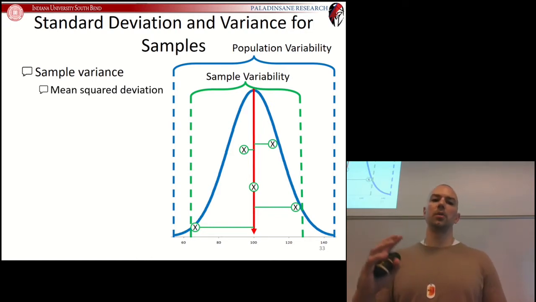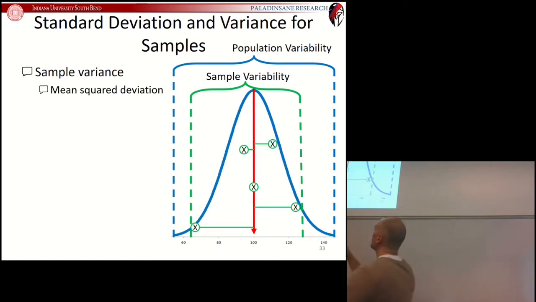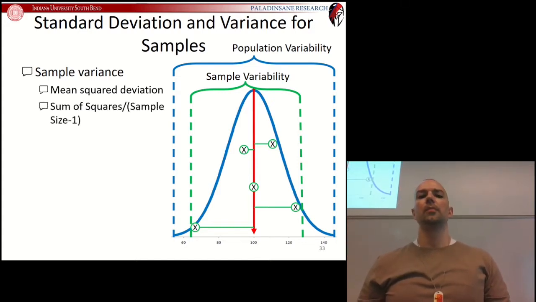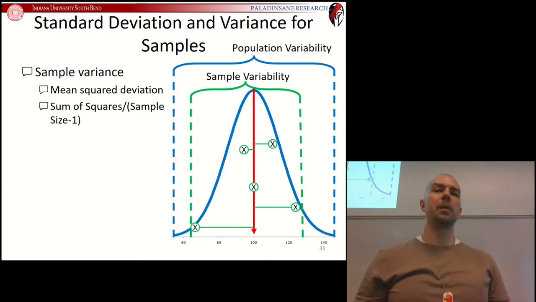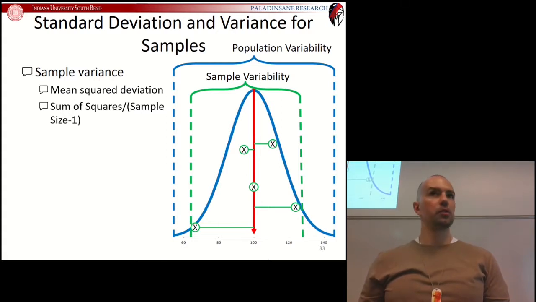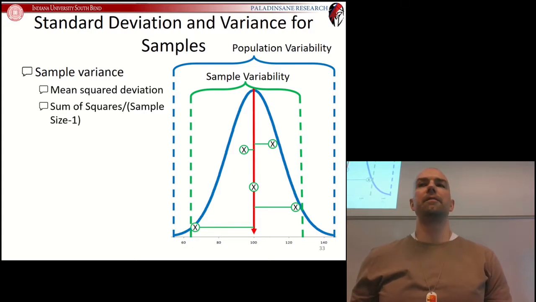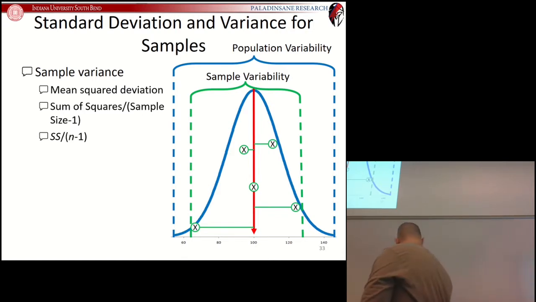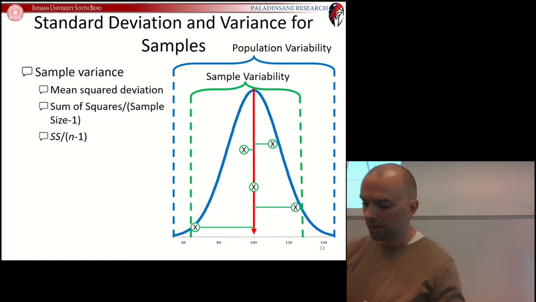It's the mean squared deviation, but because samples tend to be less variable, we need to take that sum of squared deviations and divide it by the sample size minus 1. And I told you minus 1s are all over stats. That minus 1 makes that final answer a little bit bigger. So we have our sum of squared deviations divided by the size of your sample minus 1.